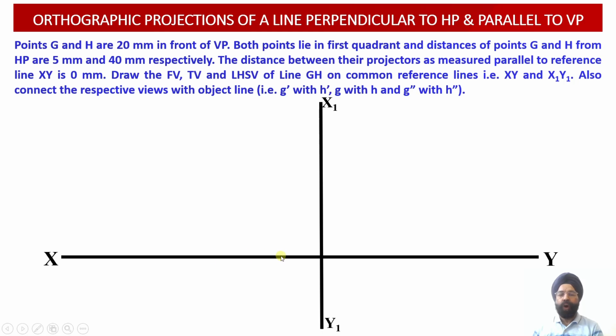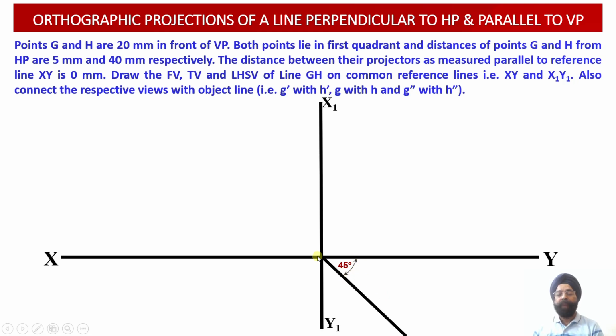So here we have drawn the XY reference line and the X1 Y1 reference line. In order to transfer the distances from the vertical plane, we have to draw a transfer line at an angle of 45 degrees with respect to the XY reference line.